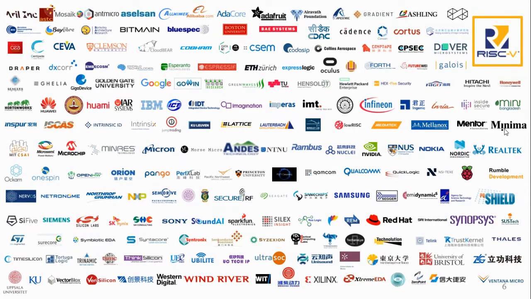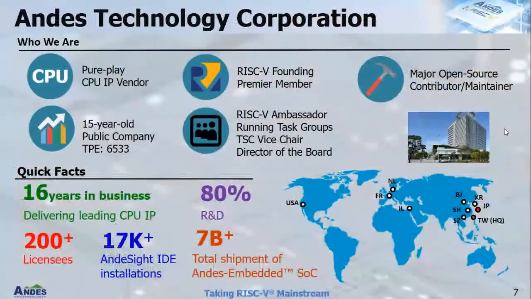So let me give you some more introduction quickly about Andes, who we are. Andes is a pure play CPU IP vendor. So we do one thing, and that is CPU IP. And that's what we are doing very well, very power efficient, and just right for our customers.